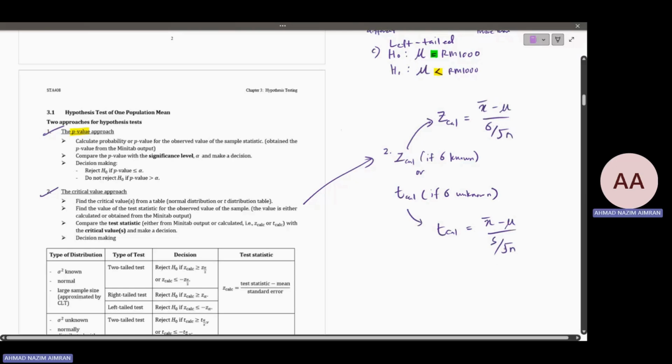So this is what you have to calculate first, the Z calculated or the T calculated. Once you have calculated it, the second step is to find the Z critical value or the T critical value.